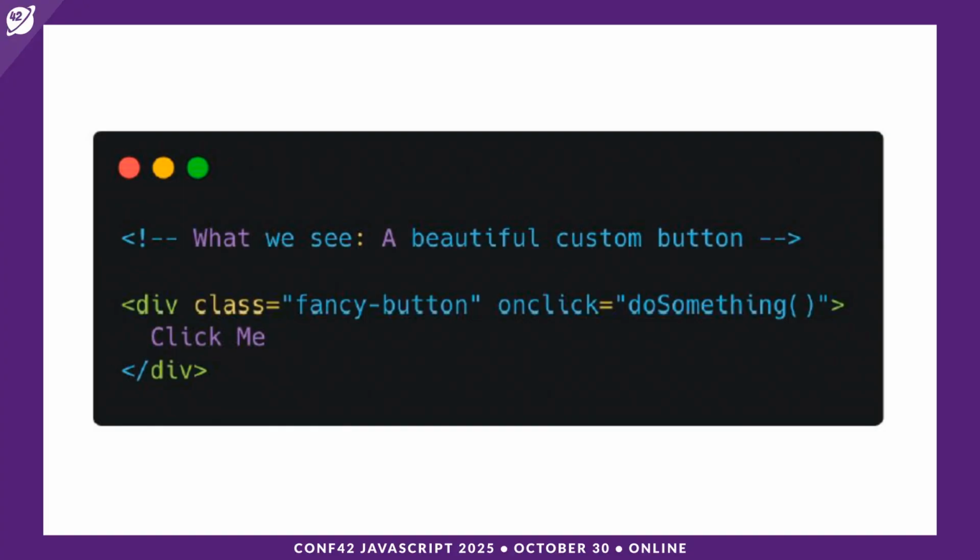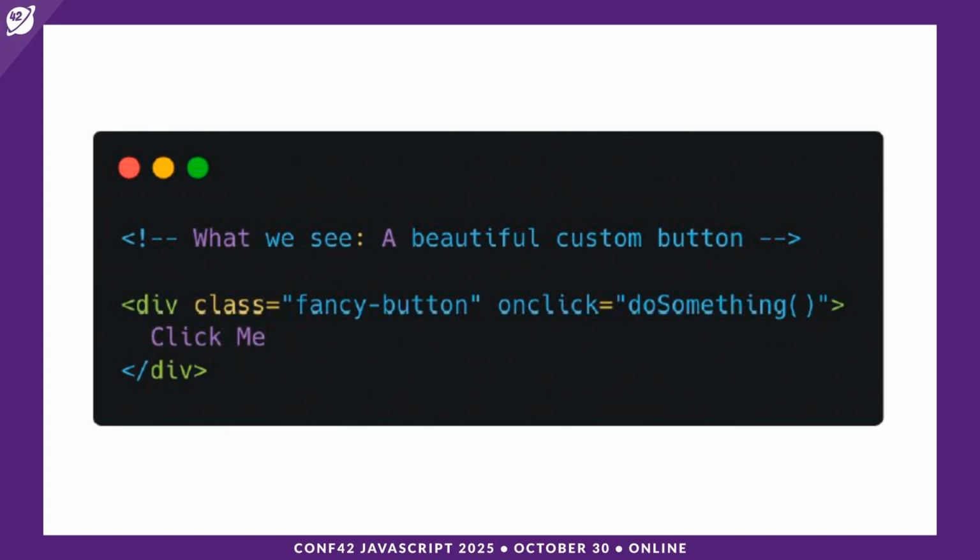But then a screen reader will just announce it as "clickable, click me". There's no context, no role, no meaning. So while we see a nice button, someone using a screen reader gets almost no useful information, because it just says "click me".